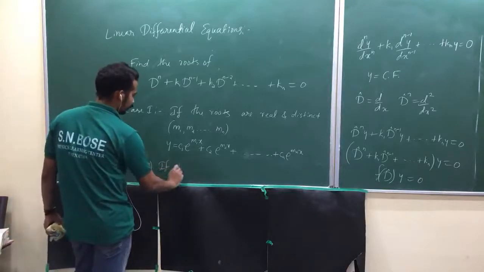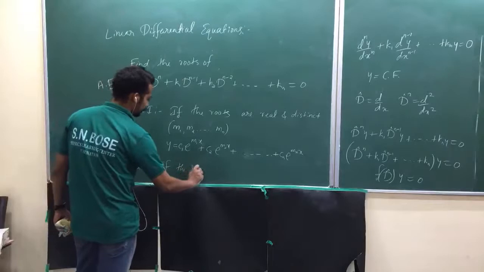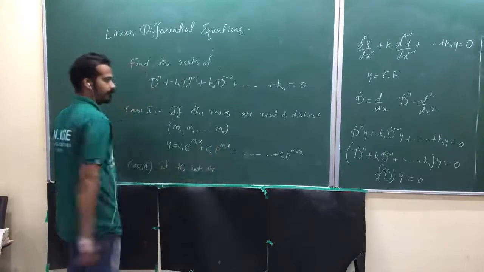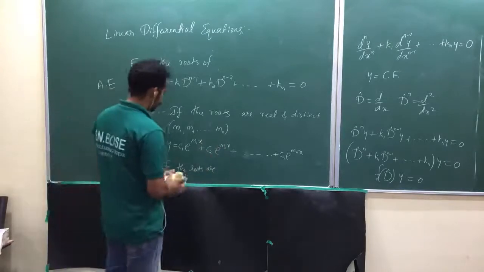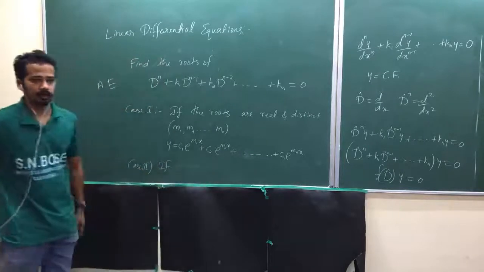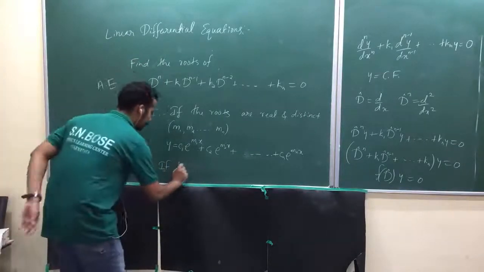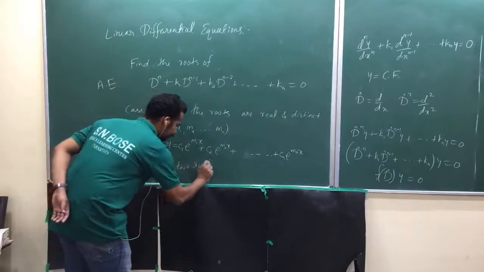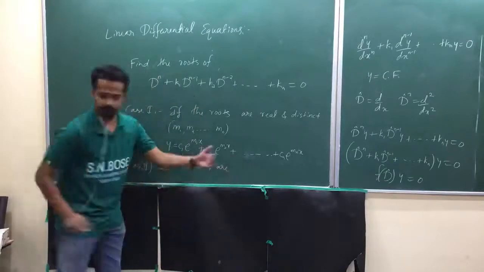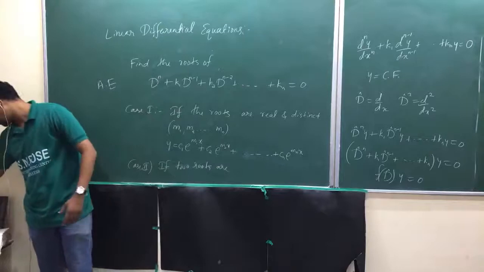If two roots are equal, and the rest of them are real and distinct, you will get the logic once I do a couple of steps.